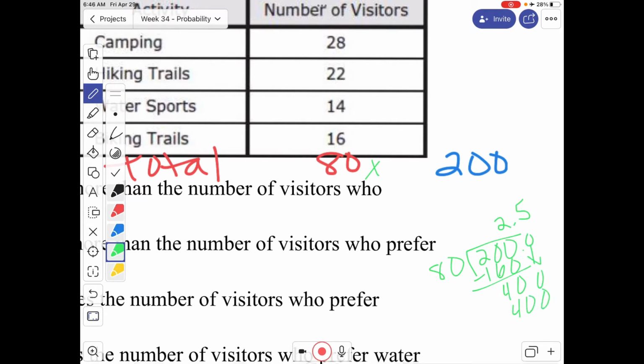And you would find that we're multiplying by 2.5. So that's what I would need to do all the way up. So 28 times 2.5.